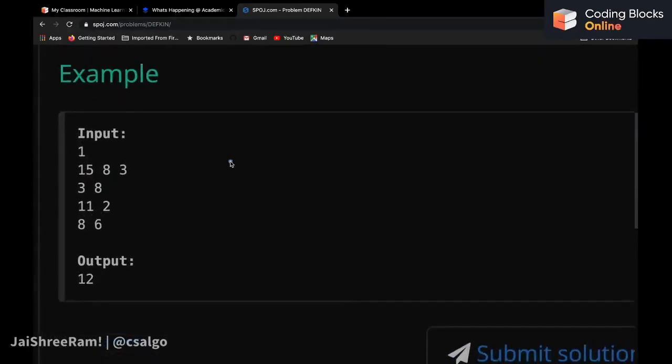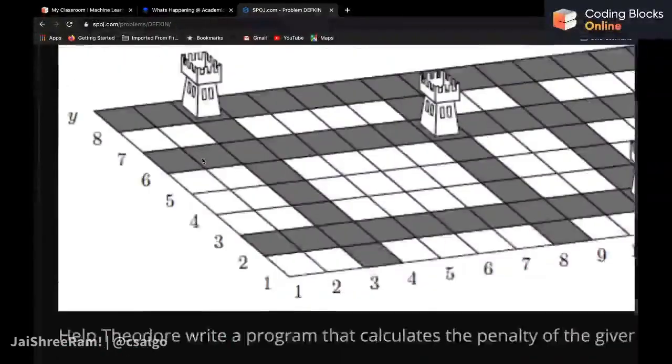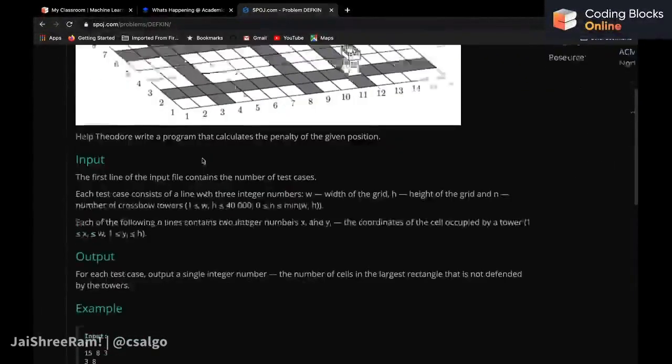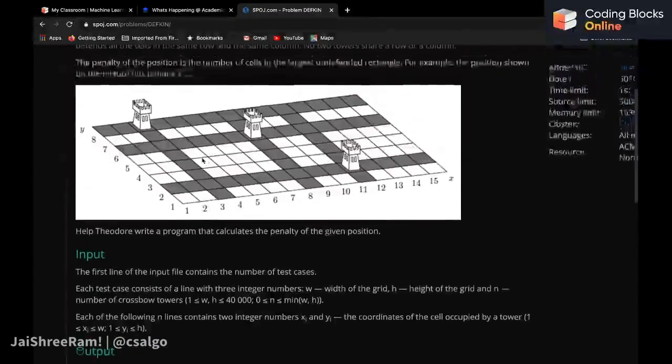So let's understand the input format. 1 denotes the number of test cases, then you have 15 cross 8, that is the grid size. Then you have 3, this is the number of towers, and then you are given the locations of these towers, x1, y1 and so on. So you have a tower at 3 comma 8, 11 comma 2 and 8 comma 6.